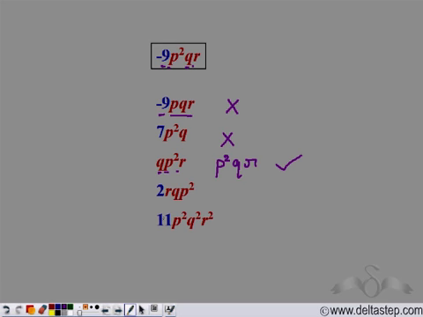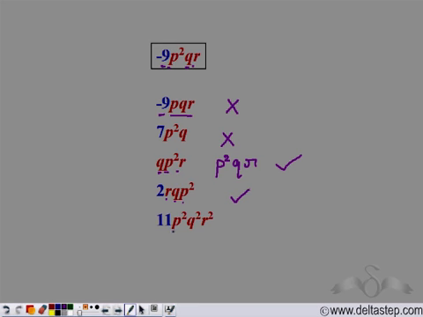What about this? 2rqp². We have r here, we have r here. We have q here. We have p² here, we have p² here. So again, the algebraic part of this and this match. So this is a like term. What about this?